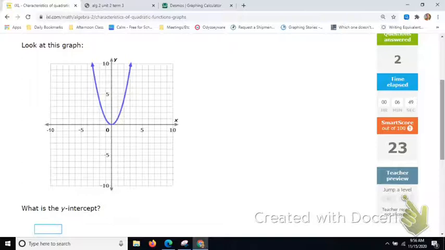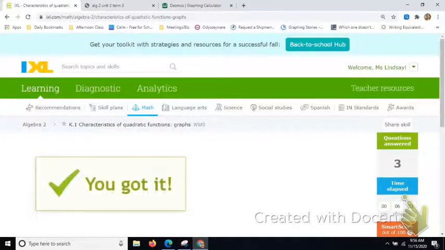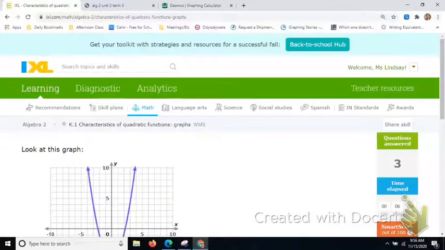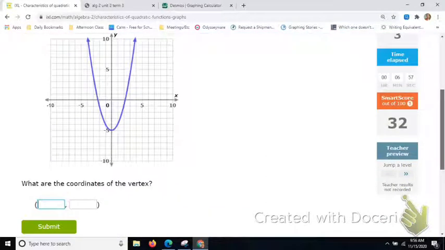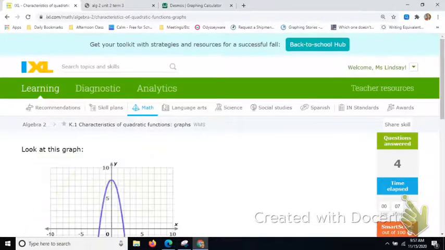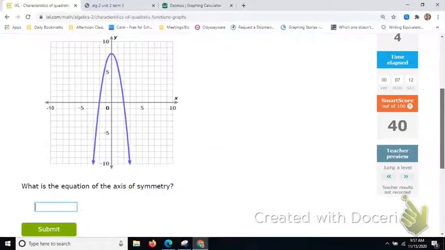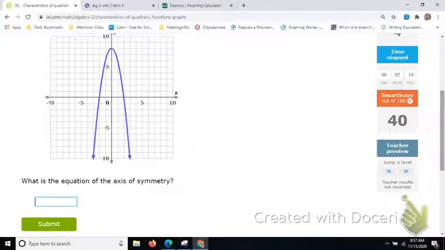So what's the y-intercept? Well, it's just crossing the y at 0. What are the coordinates of the vertex? It doesn't go left and right, so the x-coordinate of the vertex is 0, but it goes down 5. Now, this asks, what's the equation for the axis of symmetry?